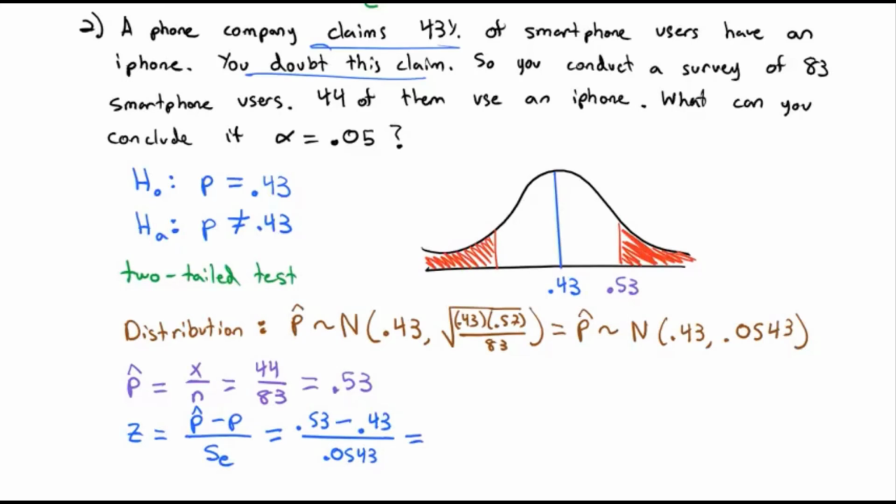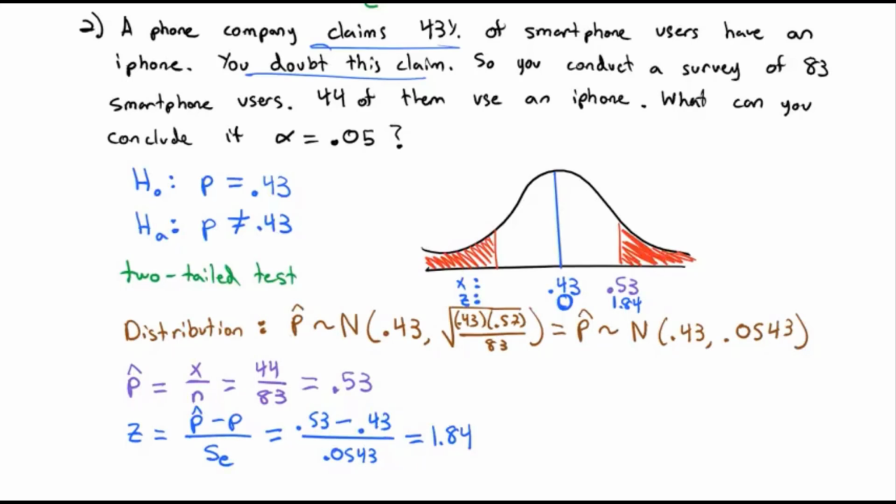The z value there is 1.84. So if we have x's on top, we'll stick z's down below. I should have left a little more space. When it's a z, we assume the mean is 0, and our value on the table is 1.84.